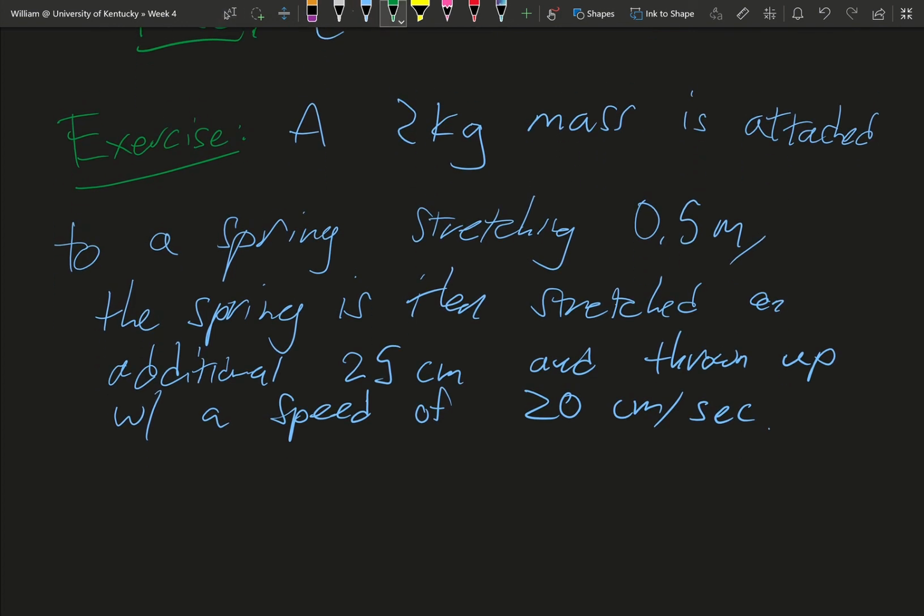So part A is just set up an IVP modeling the situation.